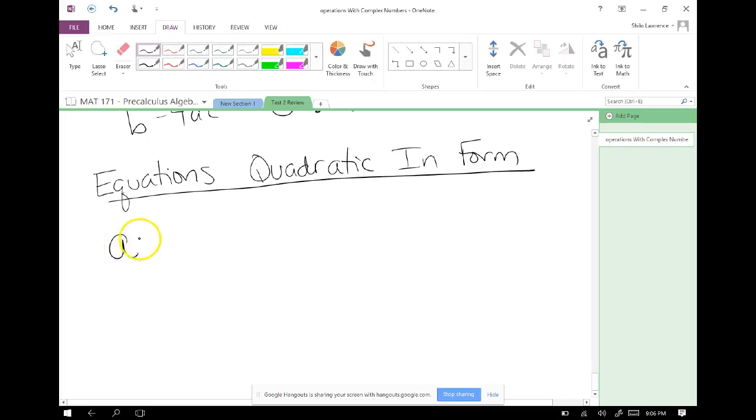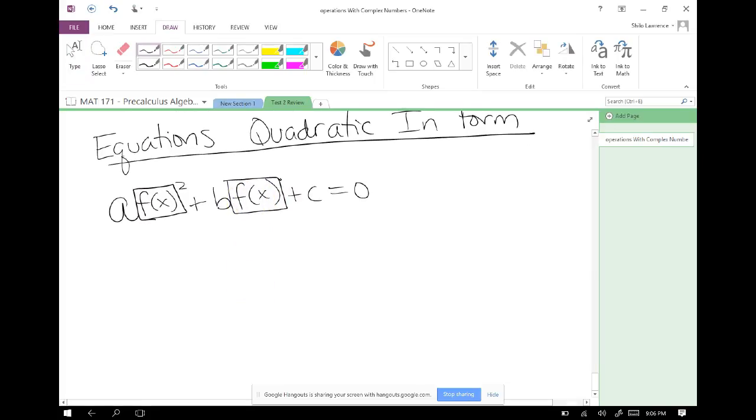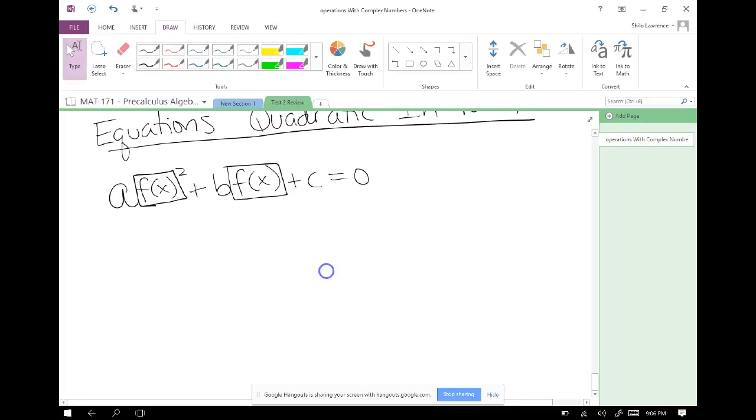So we have a times some function squared plus b times the same function plus c equals 0. Now that function could be pretty much anything, and we see it there twice. There are three terms. We've got those two matching functions where one of them is squared and one of them is not. Examples of what this might look like.